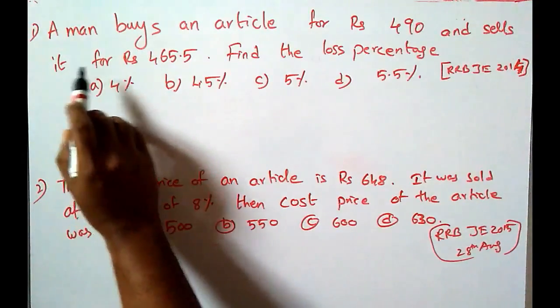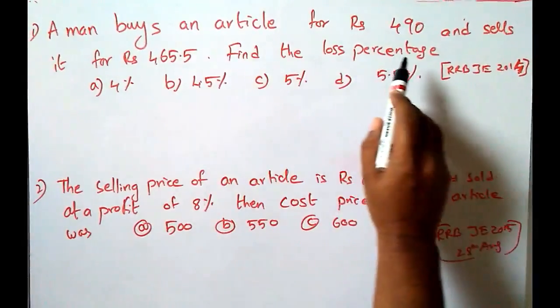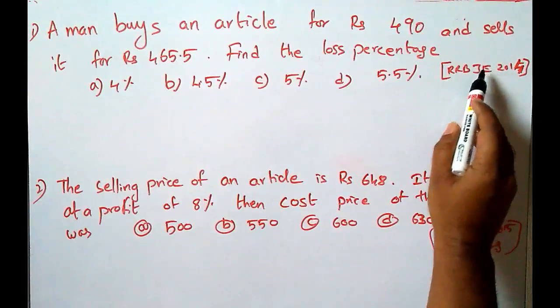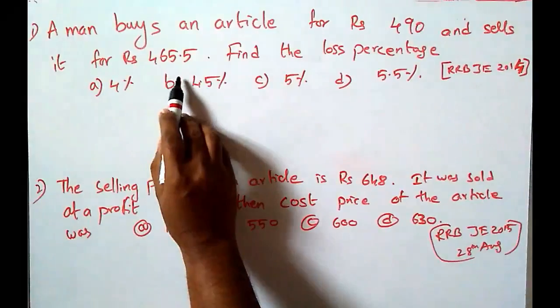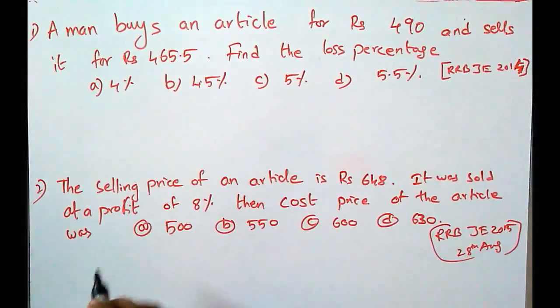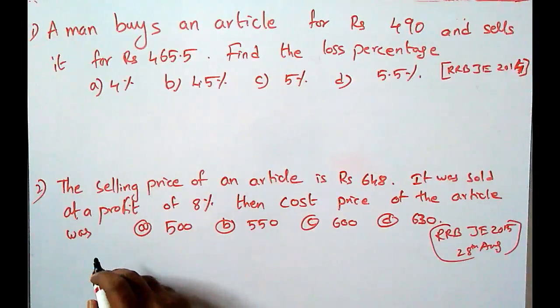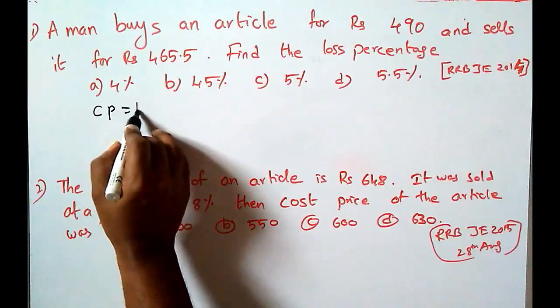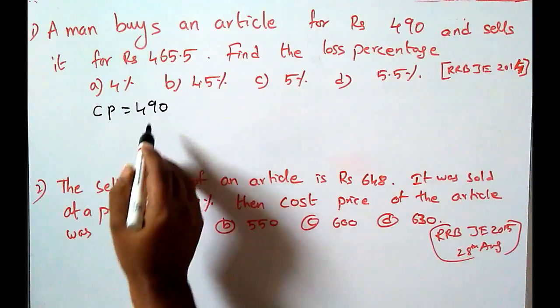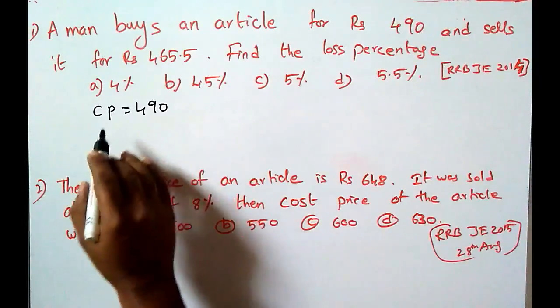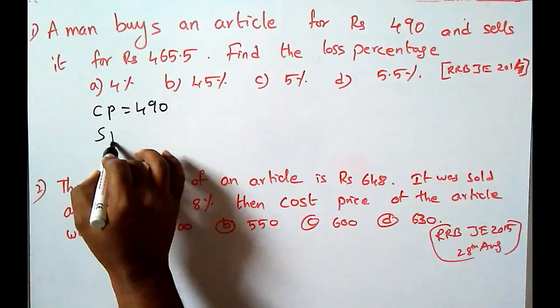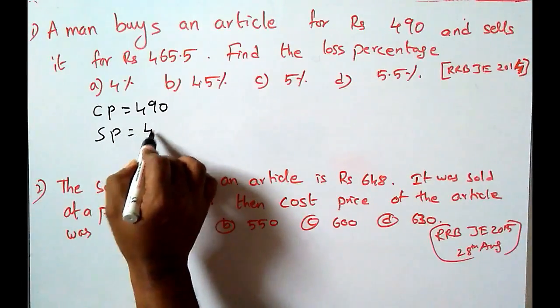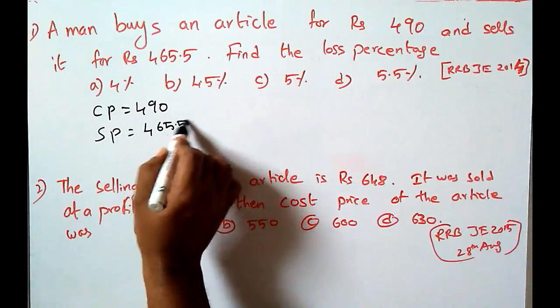A man buys an article for rupees 490 and sells it for 465.5. Find the loss percentage. See here friends, here the cost price is 490 and the selling price is 465.5.